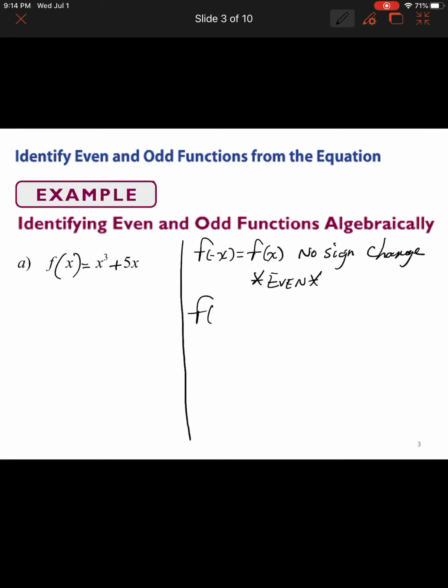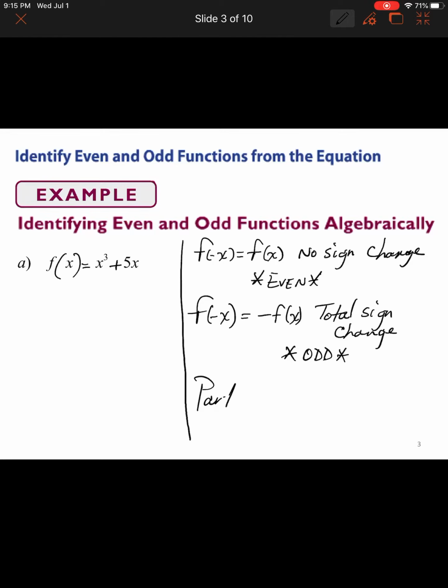If I plug in negative x and there is a total sign change, then that function is an odd function. But it has to change all the way, 100% change.